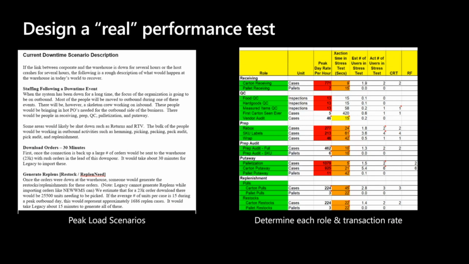So based off of our transaction volume estimates, here's all of the different individuals within the warehouse that are going to be involved in this scenario in order to get it executed. And based off of our transaction volume estimates, this is the rate at which they need to execute their job, right? So it becomes very specific, very data driven for the scenario, as well as each of those different roles and the rate at which all of those operations need to be completed.